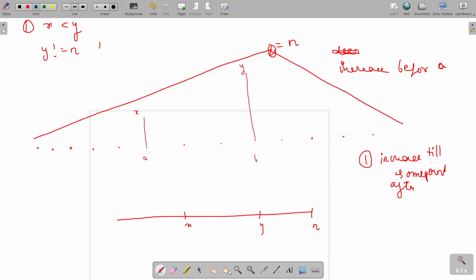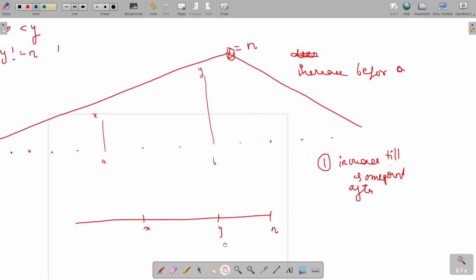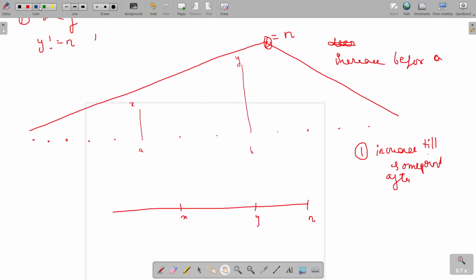To do that, what we can do is iterate over the range from b plus 1 to n minus 1, and assume that the peak happens at some point that we are iterating over.